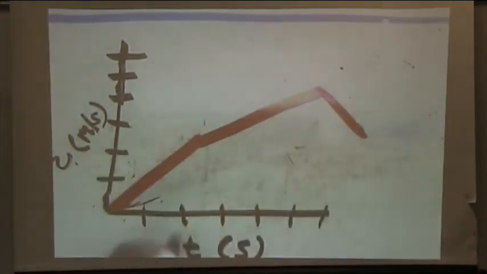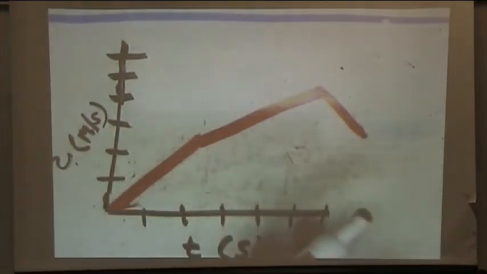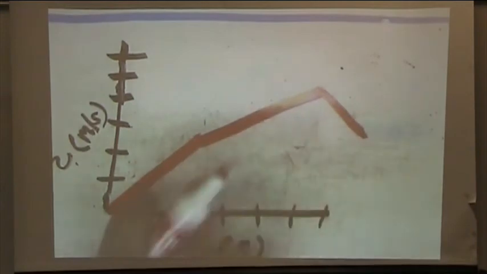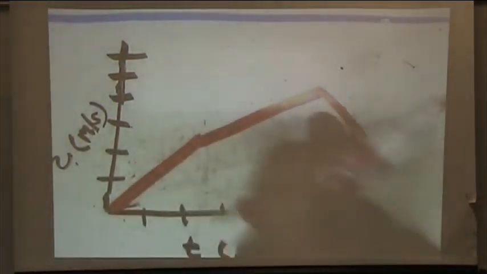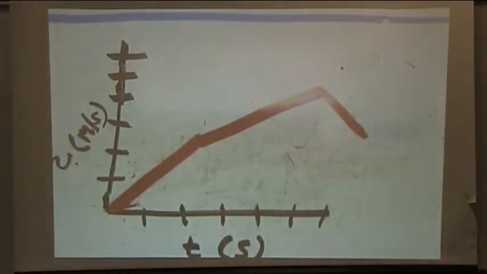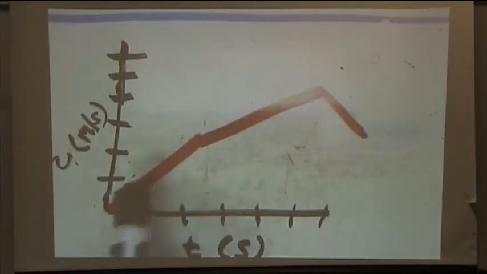But you can't say that with this graph, because notice that being above the x-axis here, we've got a positive velocity the entire time. We're always moving forward. Now, if you look at the slope of this, we'll have three different accelerations.